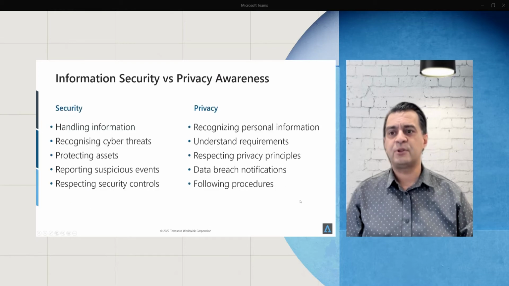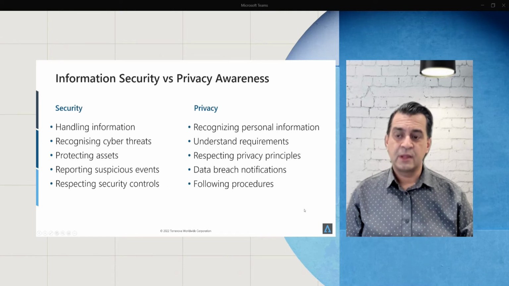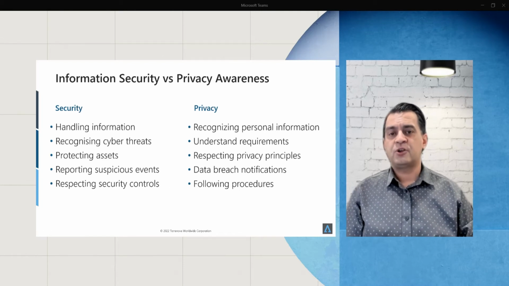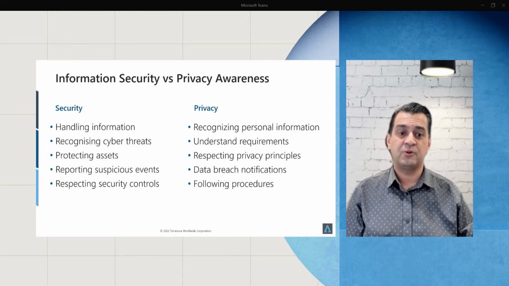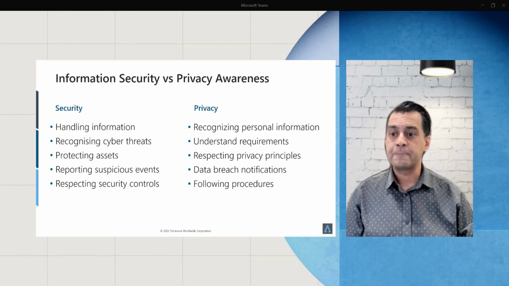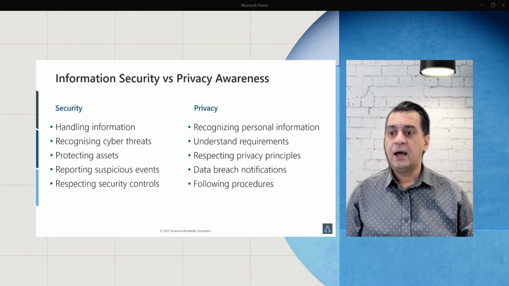So what is the difference between information security versus privacy awareness? Well, when you do information security awareness training, you teach users how to handle information. Whereas in privacy, you need to teach them how to recognize what is considered personal information that needs to be secured and properly handled.